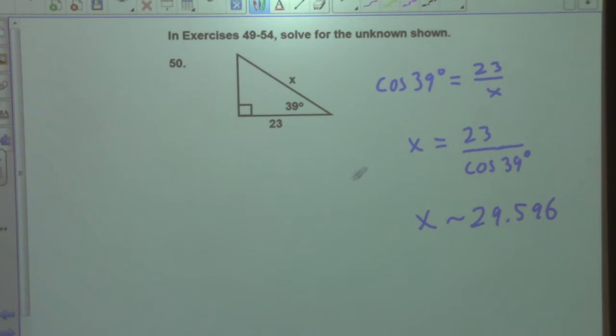Let's make sure that answer makes sense. Would 29.596 make sense, just looking at the drawing? Yeah, it could. And she checked her calculator to make sure it was in degrees. Justin, you asked the question right when I was about to ask the related question.